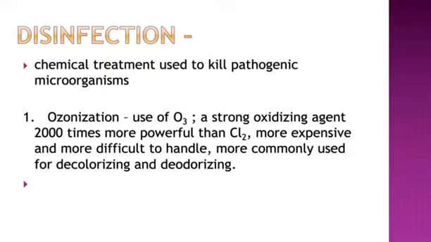The first process is ozonation. That is a strong oxidizing agent, more powerful than chlorine, but it is more expensive, of course, and very difficult to handle, and it is usually used in industry setups, in water treatment setups for drinking water.